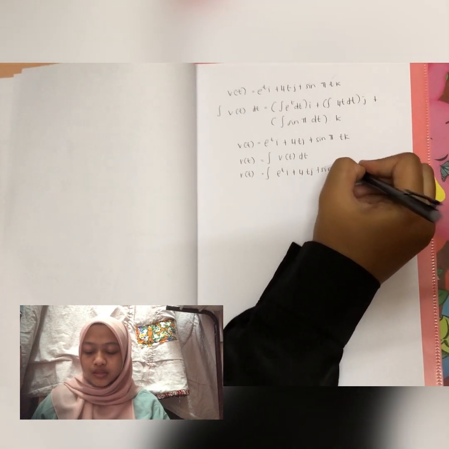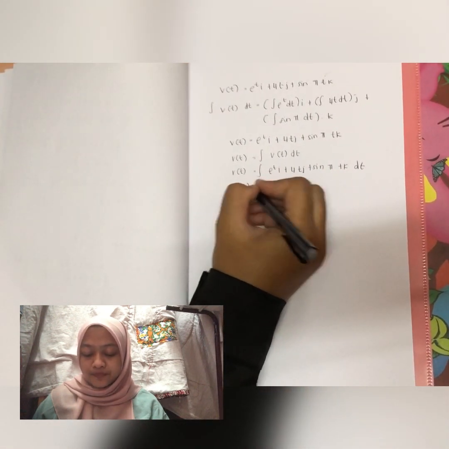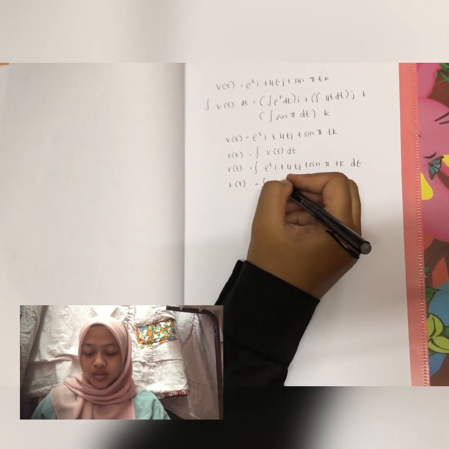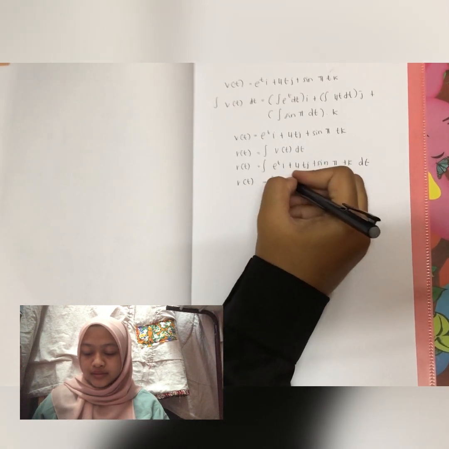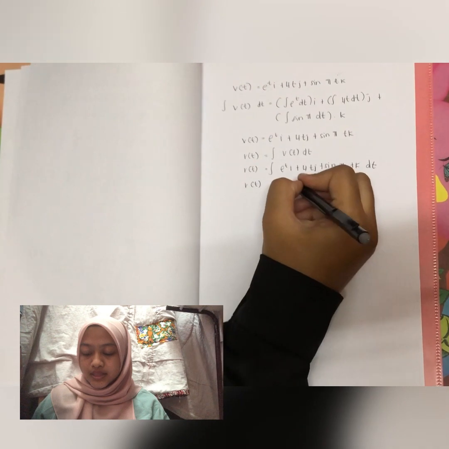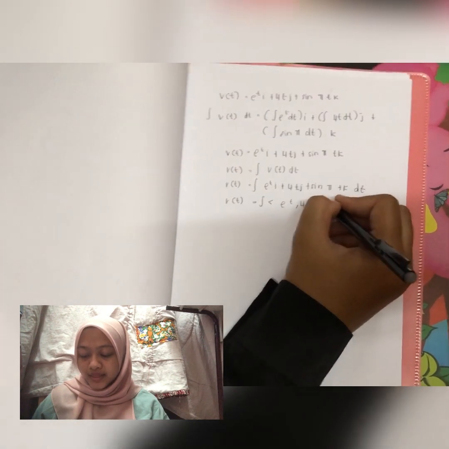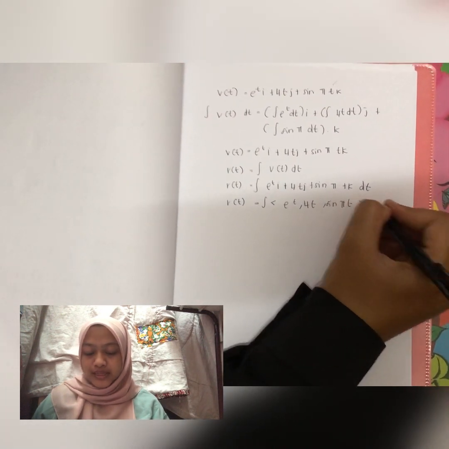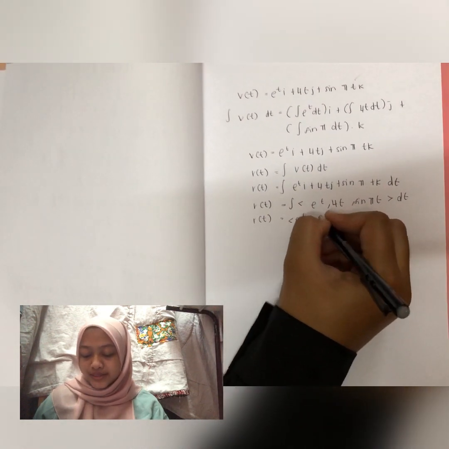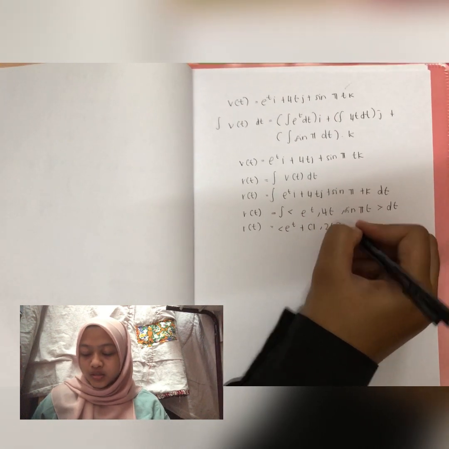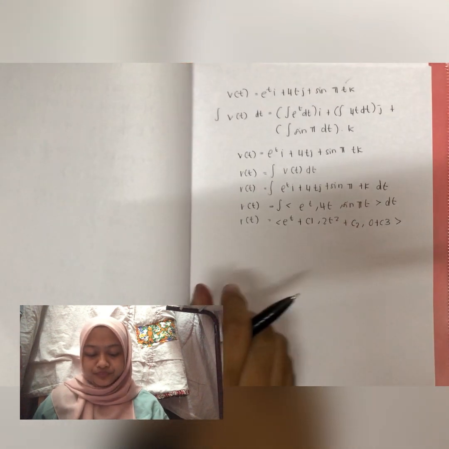Simplify: r(t) equal to the integral of e to the power of t i plus 4t j plus sin pi t k dt. So we will get r(t) equal to e to the power of t plus c1, 2t squared plus c2, and so on plus c3.